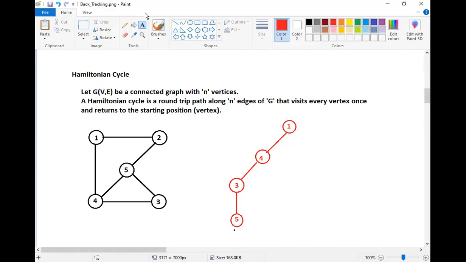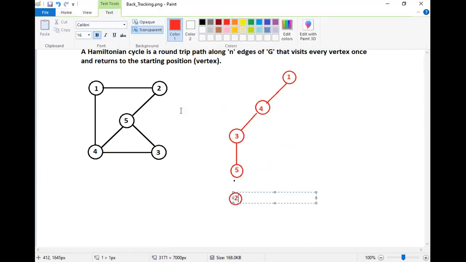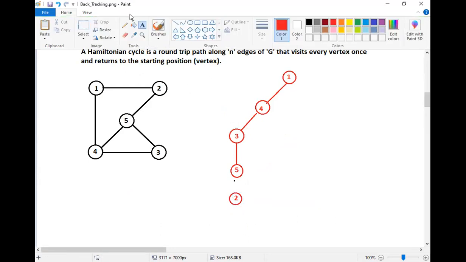There is only 2. So again, I will draw further down from this. Make it a 2 and then draw the line. Then from 2 I can go to where? 1.